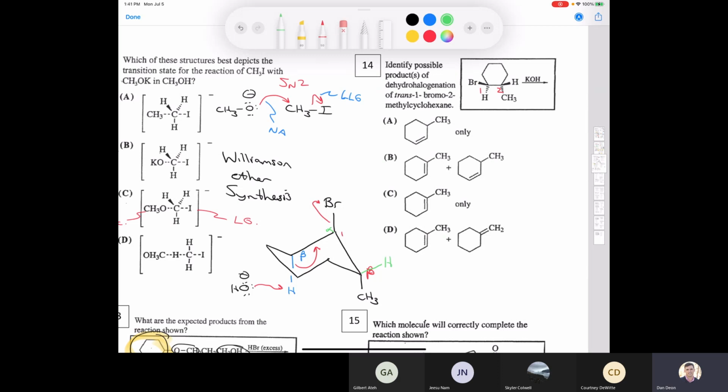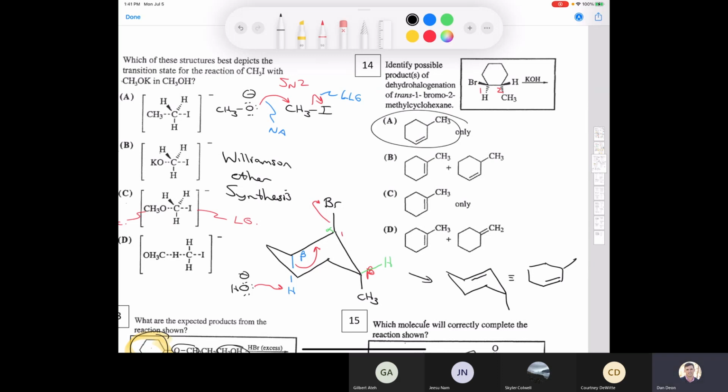And so you would end up with this molecule, where you have your methyl group here and your double bond here. That's the same thing as having the methyl group here and the double bond like this.